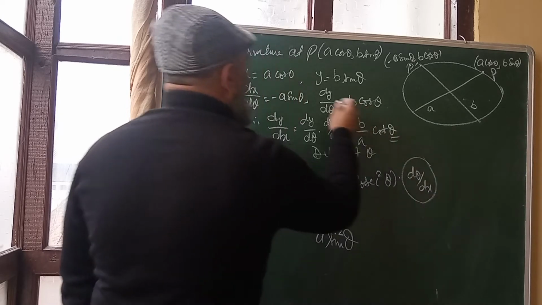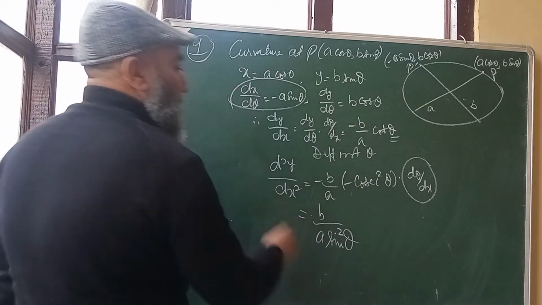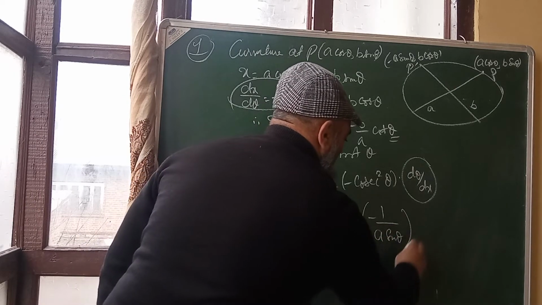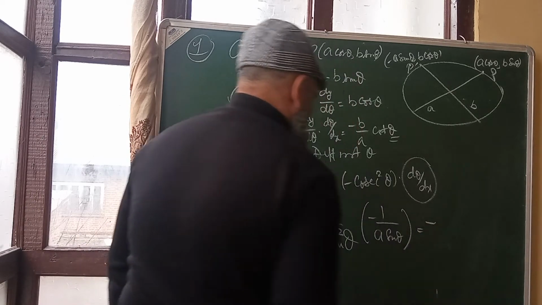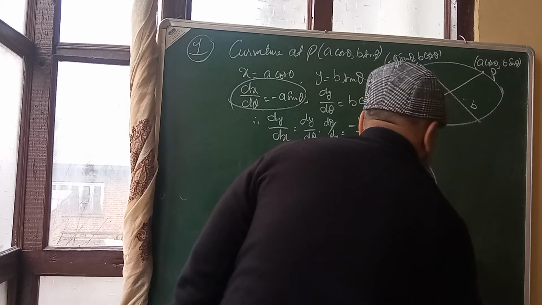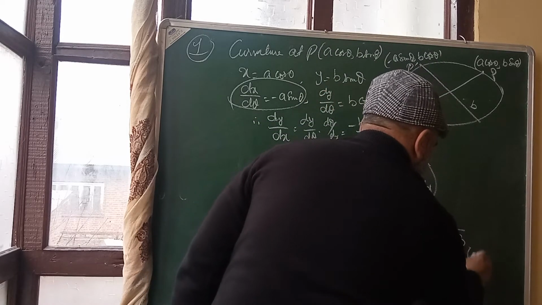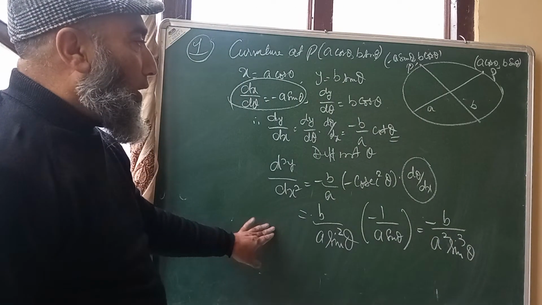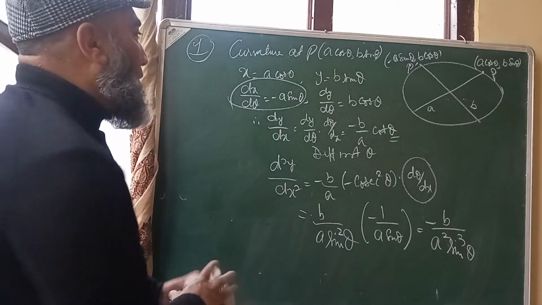And what is d theta by dx? It is minus 1 by A sin theta. So y2 is minus B by A square sin cube theta. So you have y1 as well as y2. So you can find rho.